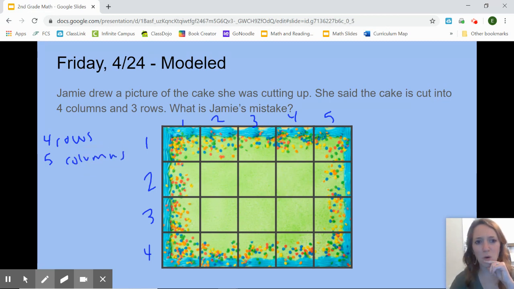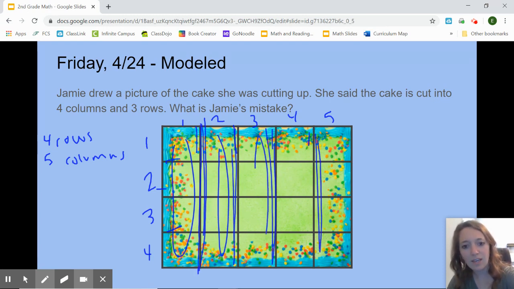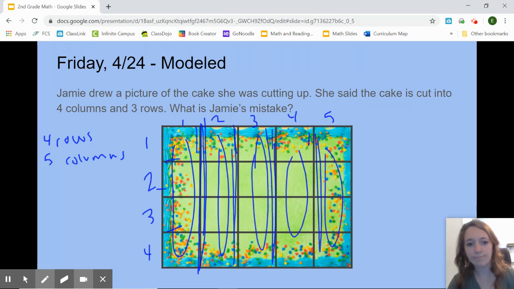How did she get 4 columns and 3 rows? What could she have counted that was 4? 1, 2, 3, 4. 1, 2, 3. You know what it looks like? It looks like she counted the lines and not the actual columns. So she was counting this line and this line and this line and this line and not the actual column.